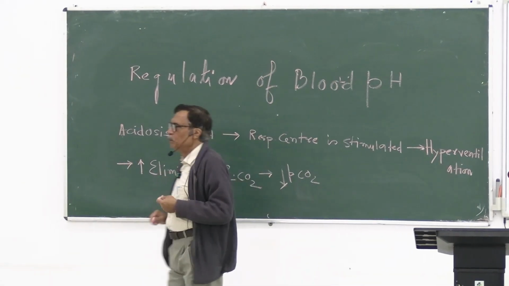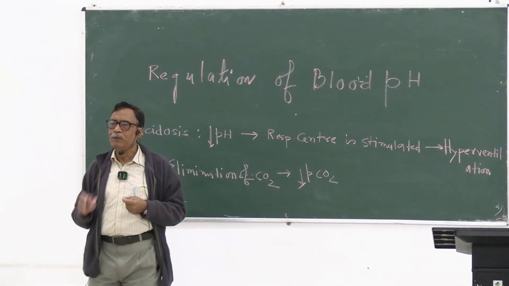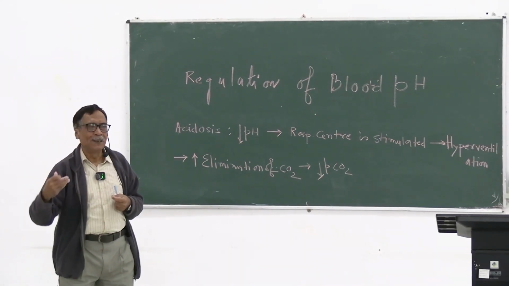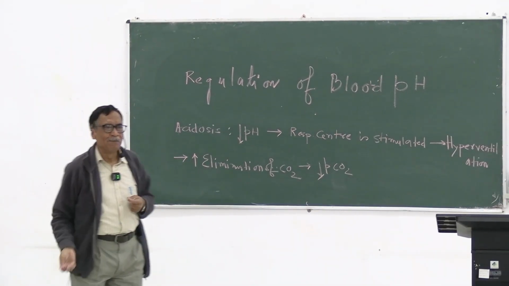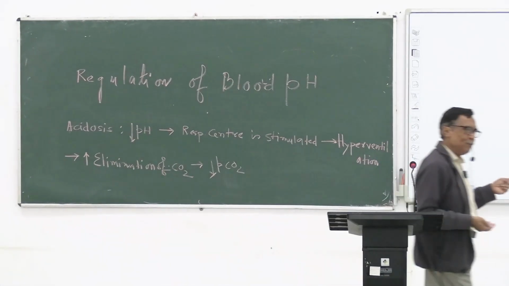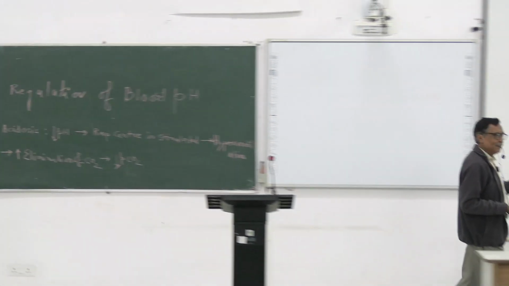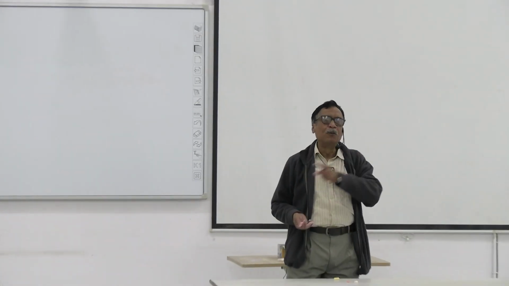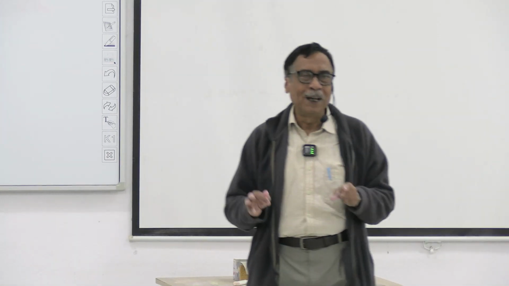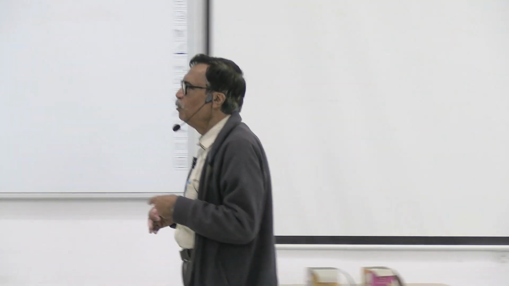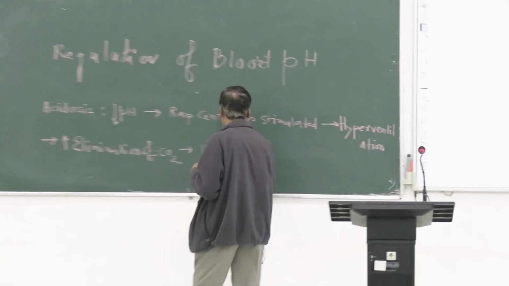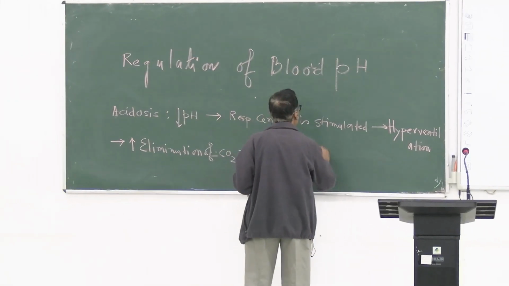From that ratio, you think if the PCO2 is decreased, pH will be raised. So low pH becomes normal pH, or towards normal pH, not normal, but pH will be towards normal. That is, normalization of the ratio.